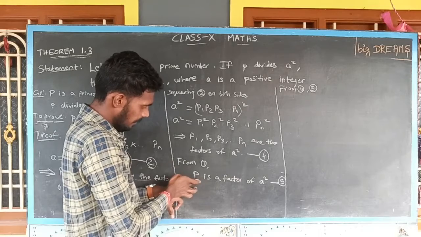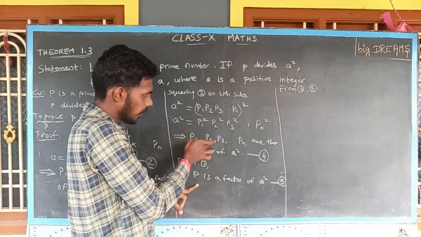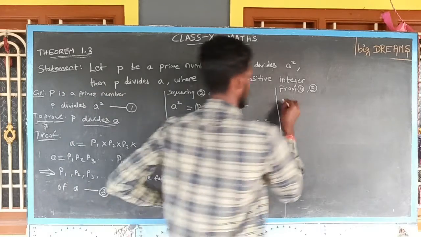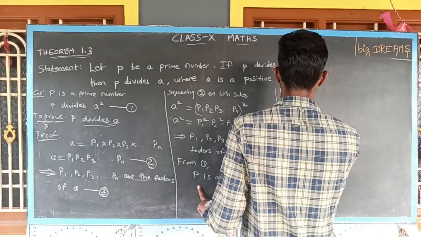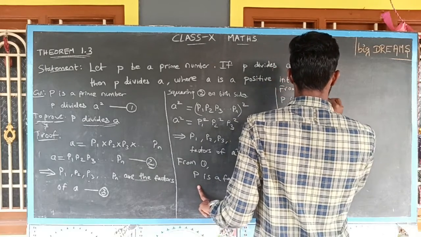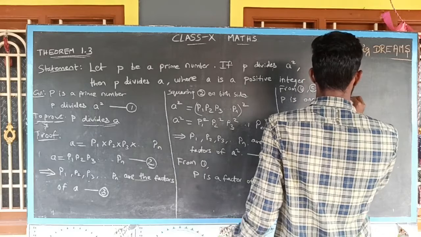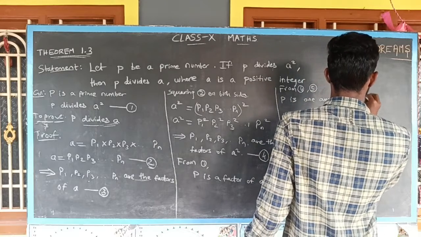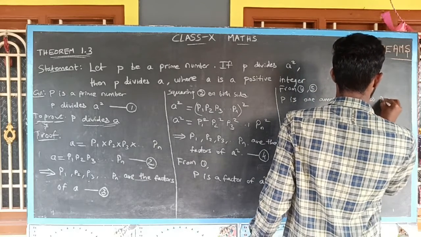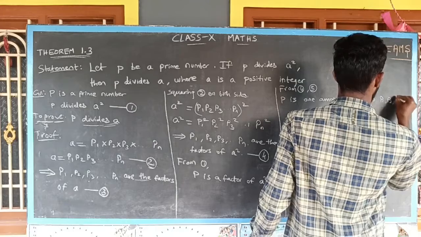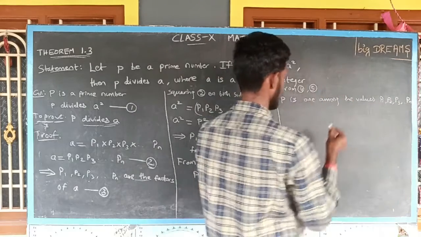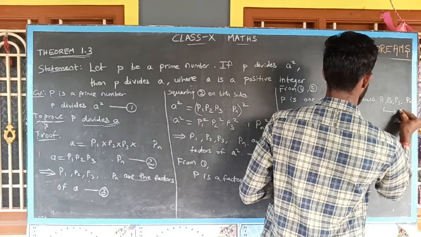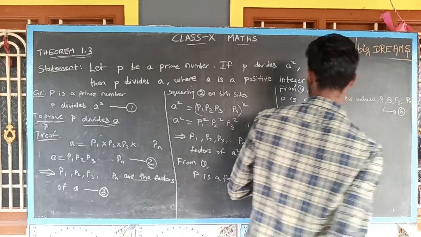So P can be one among the values P1, P2, P3 up to Pn, right? So from 4 and 5 I can conclude P is one among the values P1, P2, P3 up to Pn. Name this step as number 6.